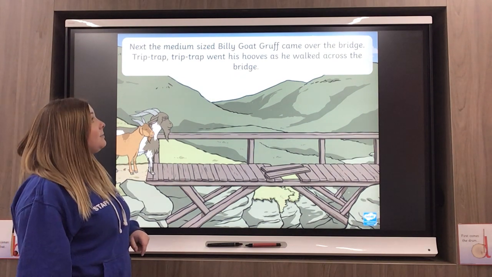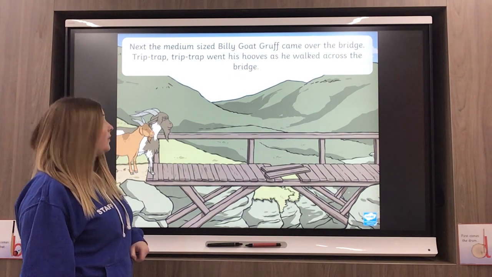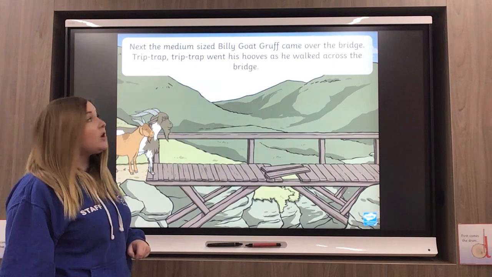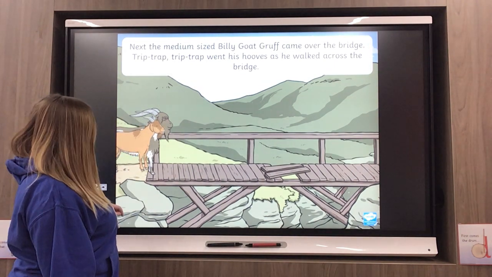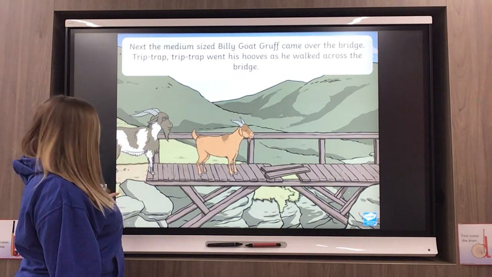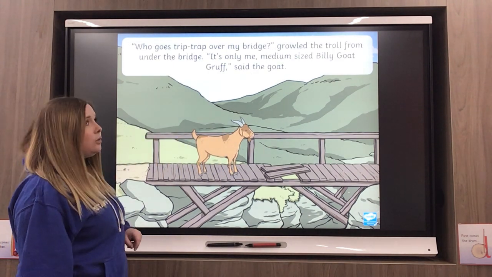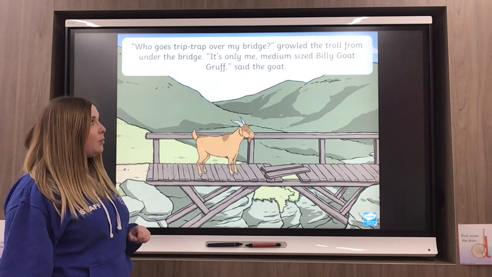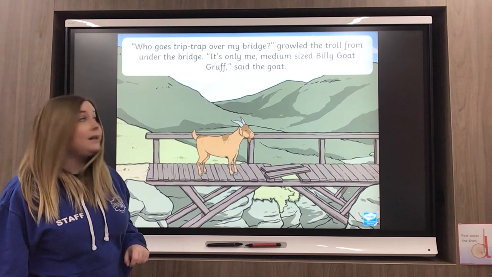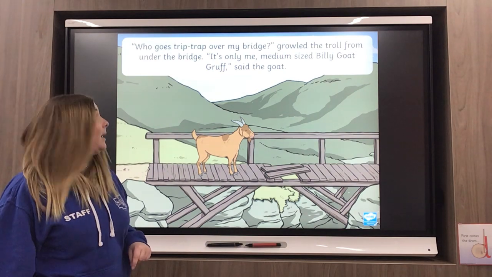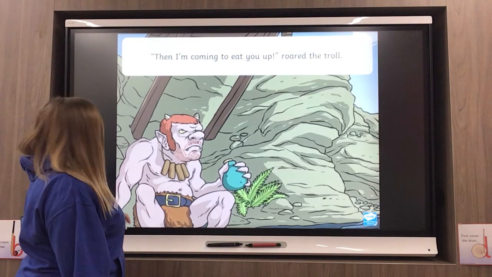Next, the medium-sized Billy Goat Gruff came over the bridge. Trip, trap, went his hooves as he walked across the bridge. Who goes trip, trap over my bridge? Growled the troll from under the bridge. It's only me, medium-sized Billy Goat Gruff, said the goat.